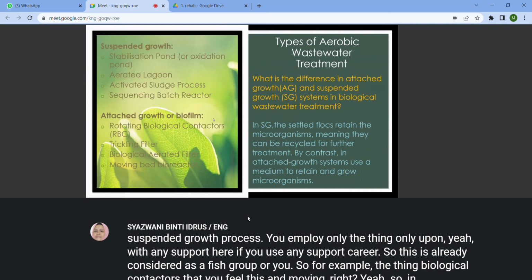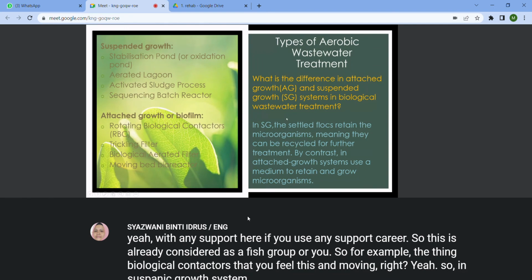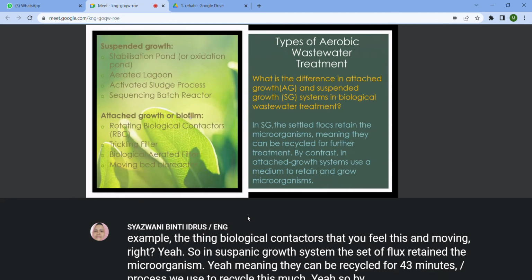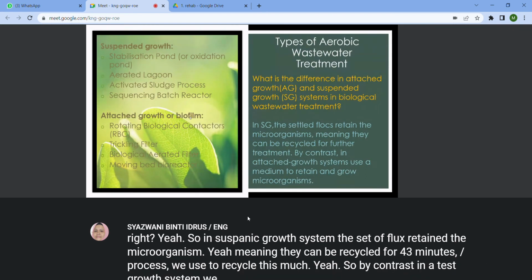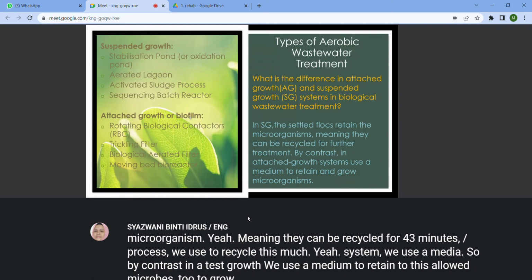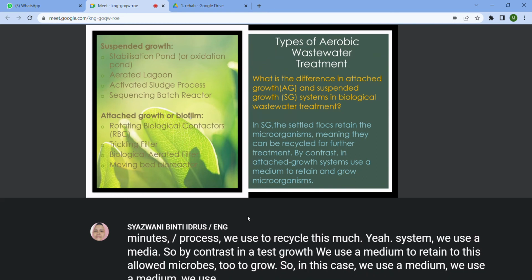In suspended growth systems, the flocs retain the microorganisms, meaning they can be recycled for further treatment. For example, in the activated sludge process, we recycle the sludge. By contrast, in attached growth systems, we use a medium, a support carrier, to allow the microbes to grow.